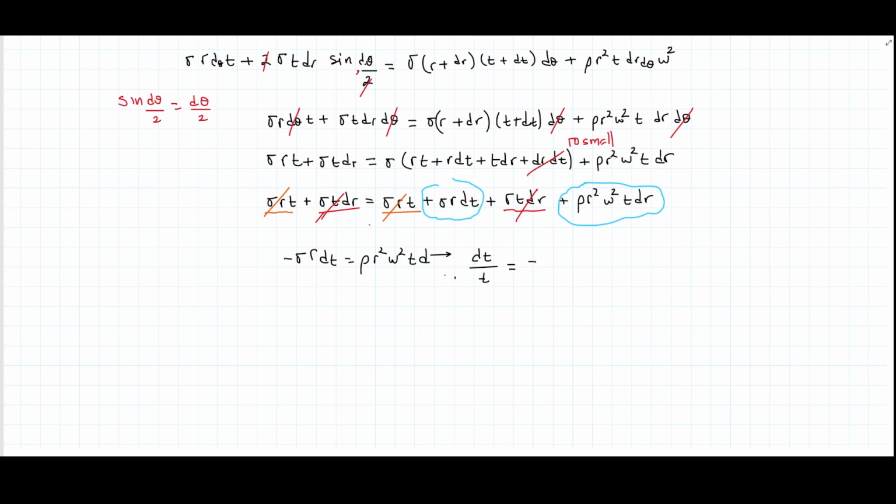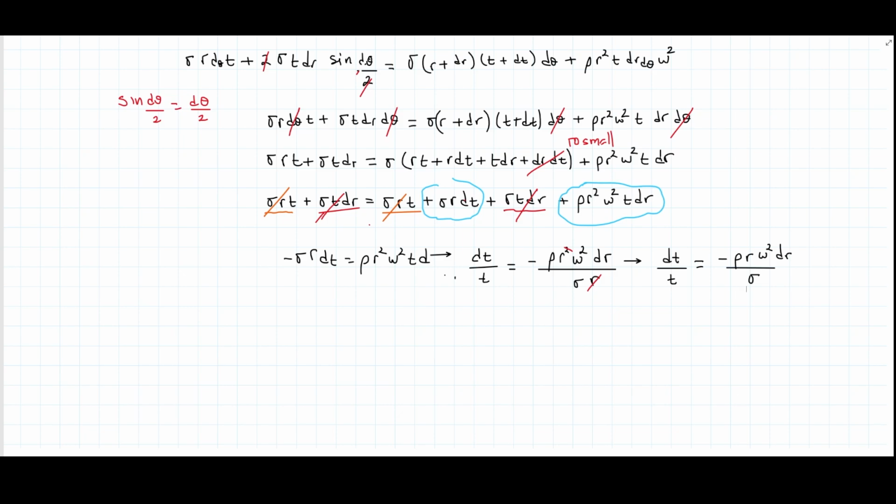So this is going to be equal to minus density, angular velocity, radius, then this dr, divided by sigma times r. So I can cancel out one of these r's with this one, meaning that the derivative of t equals this one here, divided by the stress. Awesome.